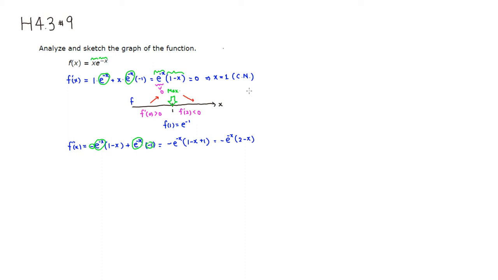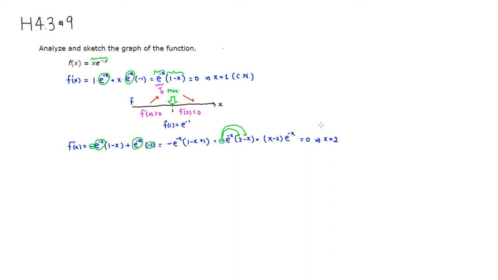Having a negative sign, I don't like that, so I'm going to distribute that. Negative x becomes positive x, positive 2 becomes -2, and I'm going to put e to the negative x here. So we set this equal to 0 to find the location of a possible inflection point. So it's going to be x equals 2.